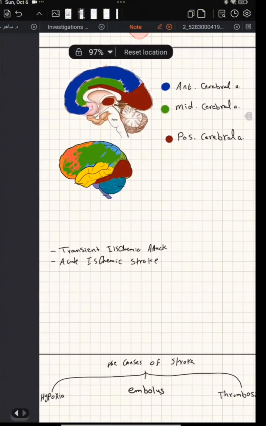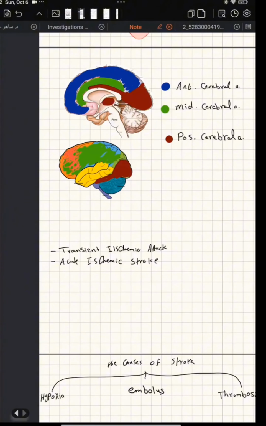Now we will see the symptoms. The parietal lobe, where the primary sensory cortex is located, works with the same mechanism as the primary motor cortex. The medial parietal lobe, responsible for sensation of the legs, is supplied by the anterior cerebral artery.